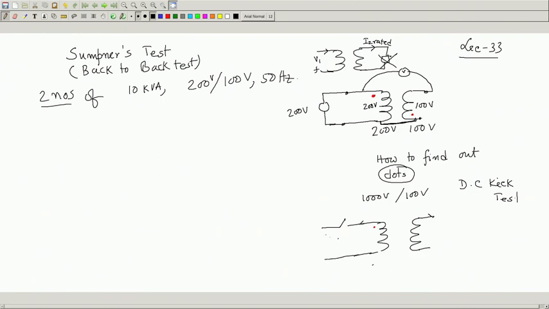You take a DC source, a battery, say, and here you connect a zero centered moving coil voltmeter, MC voltmeter. That is all. And the positive of the battery, wherever you are connecting, put the dot there. One you are free to choose. Now, the voltmeter is connected between these two points.